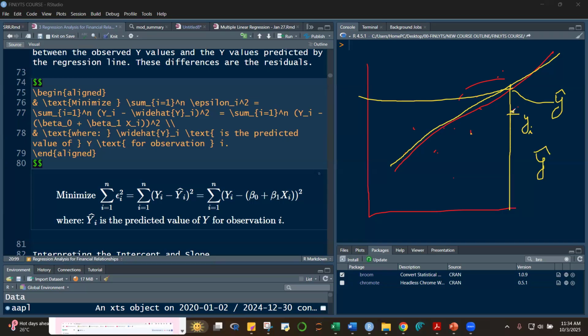This is your actual y. This is your y hat. This is your predicted value. So the difference between them is your epsilon, that's your residual. So each point here will have its residual. So those points that are on the line, the residuals are all equal to 0.